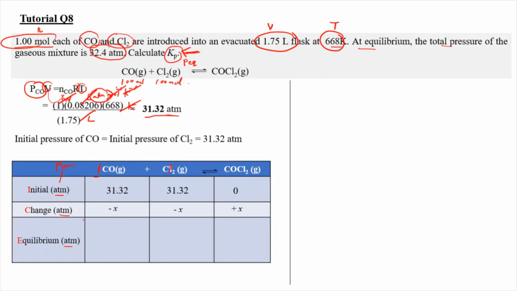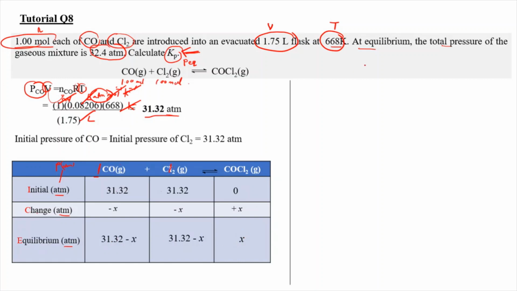So at equilibrium, we get 31.32 minus X for CO. Similarly for the chlorine gas, 31.32 minus X. And for COCl2, we have X partial pressure at equilibrium.